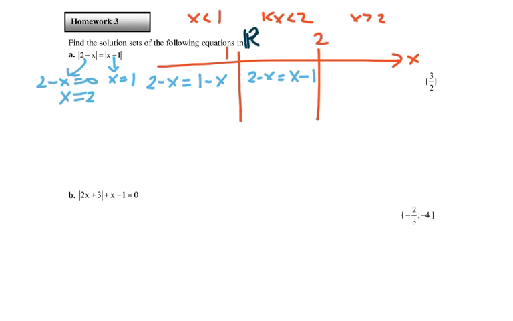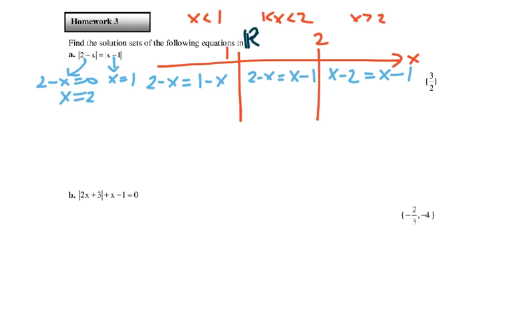Great, so now for bigger than 2, let's say 3, you have 2 minus 3, that's going to be negative now, so x minus 2. And 3 minus 1 would be positive, so that remains unchanged, x minus 1.